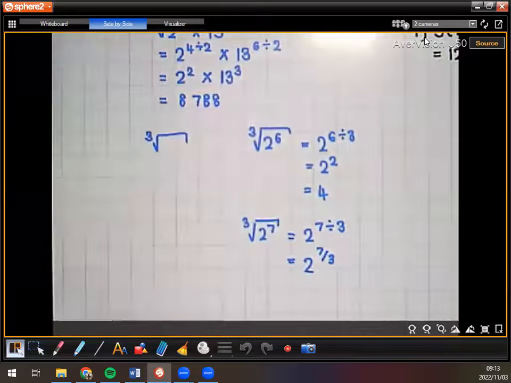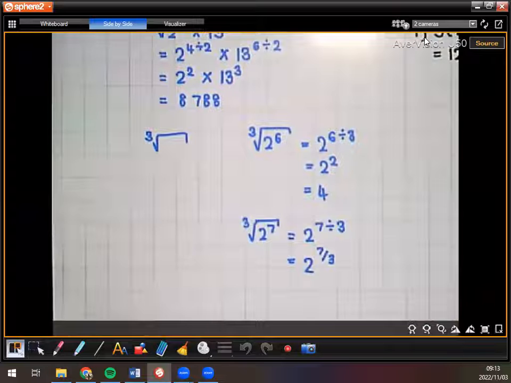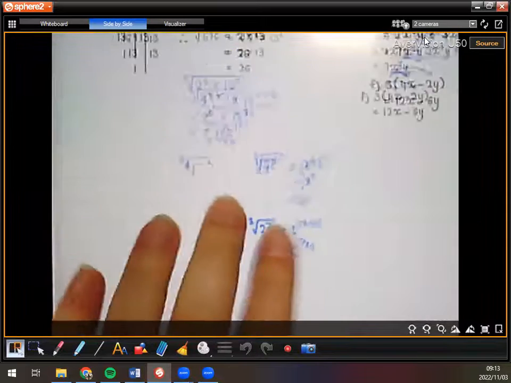Okay, that's not a whole number. So guys, in order for you to get a whole number, a natural number, as the answer to a cube root, the exponents have to be divisible by 3, or like what I wrote, a multiple of 3. Does that make sense? Otherwise, you're going to get a fraction for your exponent, and that's not going to work.